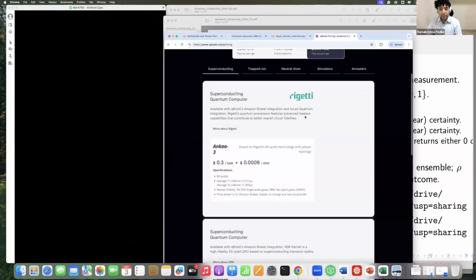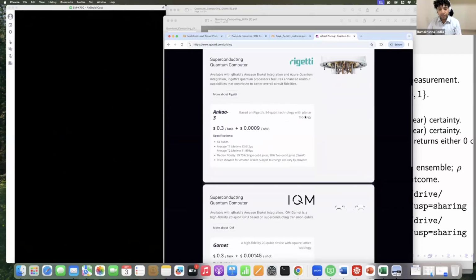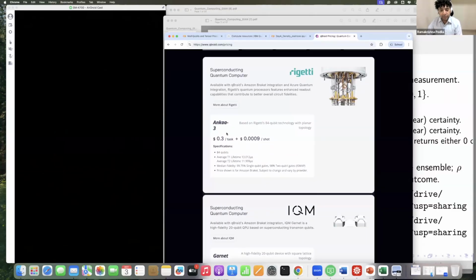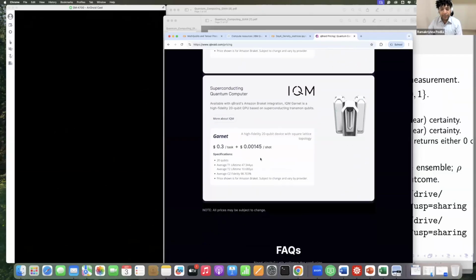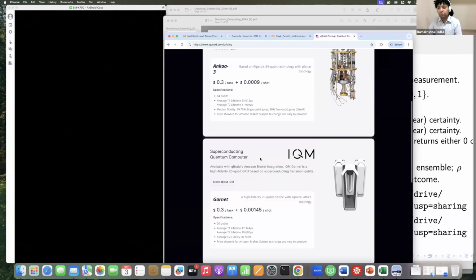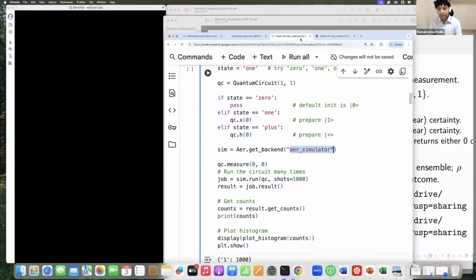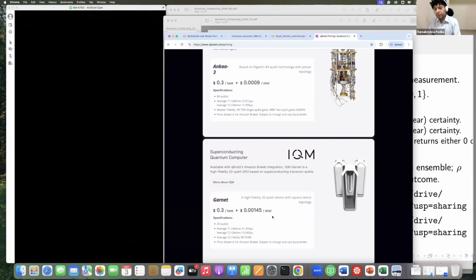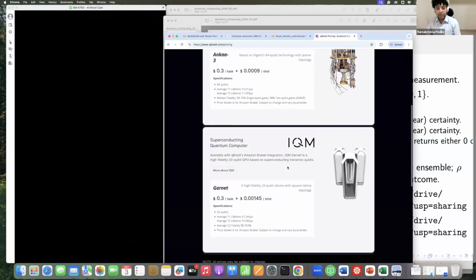If you want the superconducting quantum computer, this is 84 qubits, this much plus this, you pay, and then you will get the API tokens and it will give you what you need to insert. So instead of the simulated backend, you will put in whatever they are giving you. You add the API token and it will run exactly the same. Does that answer your question, Subhanshu? Okay. Yeah.